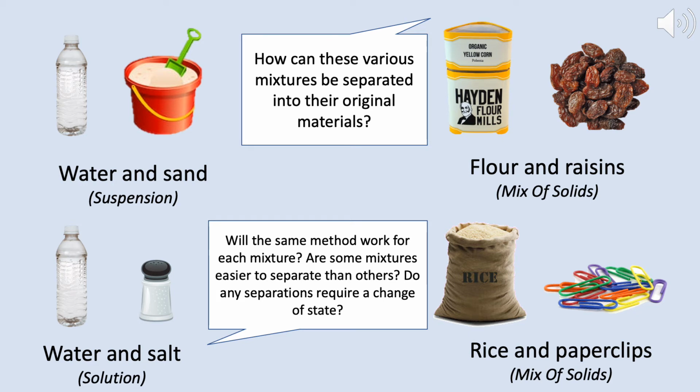Maybe make some notes about how you think we might separate the water and the sand suspension, or the water and the salt solution, or the flour and raisins mix of solids, or the rice and paper clips mix of solids. Have a think about the effective ways we might separate, and you might want to rewind back to the key vocabulary section, because there might be a few hints on that slide if you are stuck.